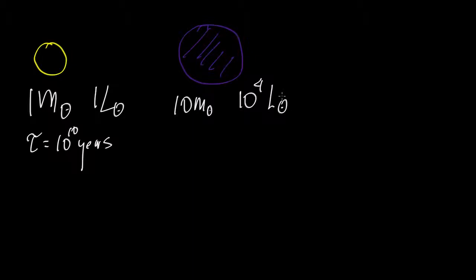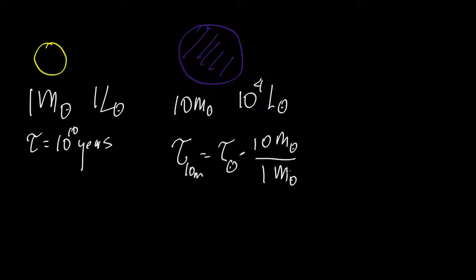We can figure out its lifespan because you can imagine that the lifespan of this 10 solar mass star is going to be equal to the lifespan of the Sun times the ratio of how much fuel there is in the tank. So it has 10 M solar compared to 1 M solar, so that's the ratio of the fuel, times the rate of how fast you use that fuel. The Sun has 1 solar luminosity.